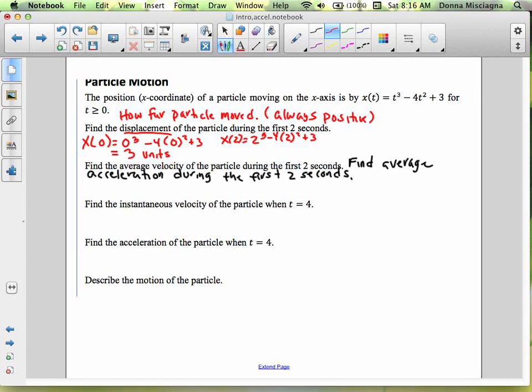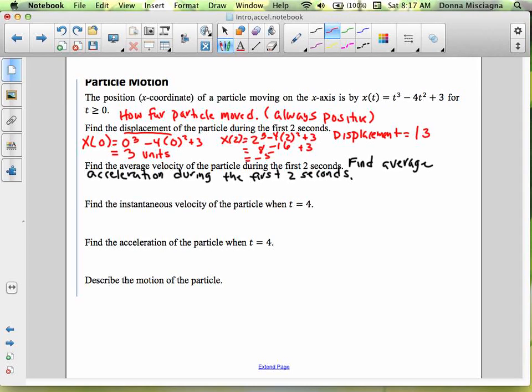All right, so that's going to be 8 minus 16 plus 3. So that's going to be negative 5. All right, so the displacement is always going to be the absolute value of the difference between those.